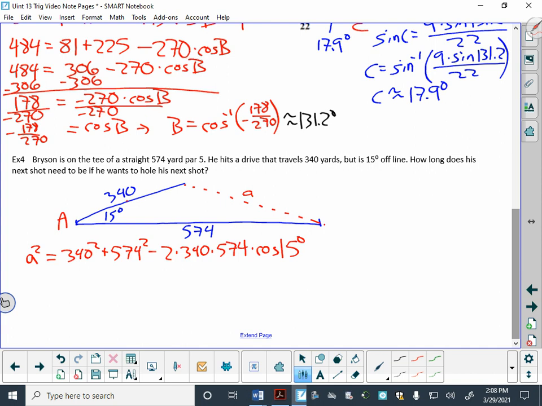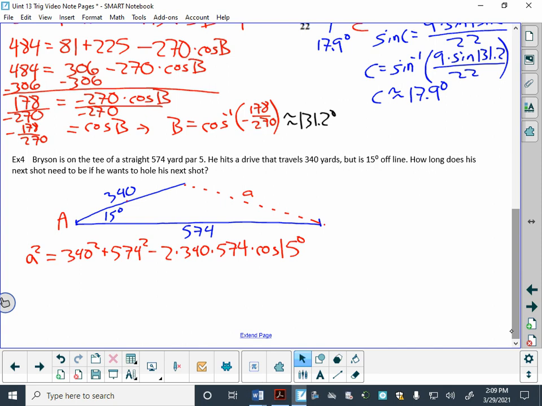This time I'm going to enter everything on the right side of that equation. Since there's no variable in it, I'm going to put it just like that into my calculator. 340 squared plus 574 squared minus 2 times 340 times 574 times the cosine of 15.